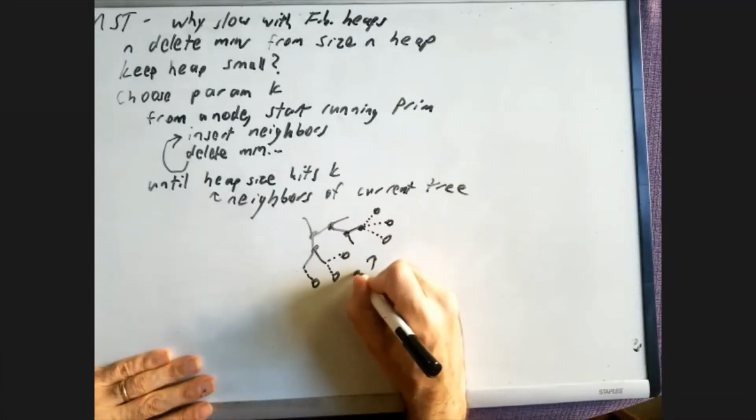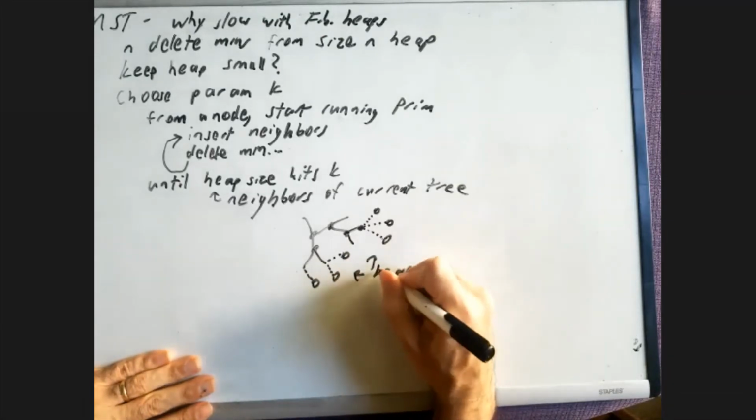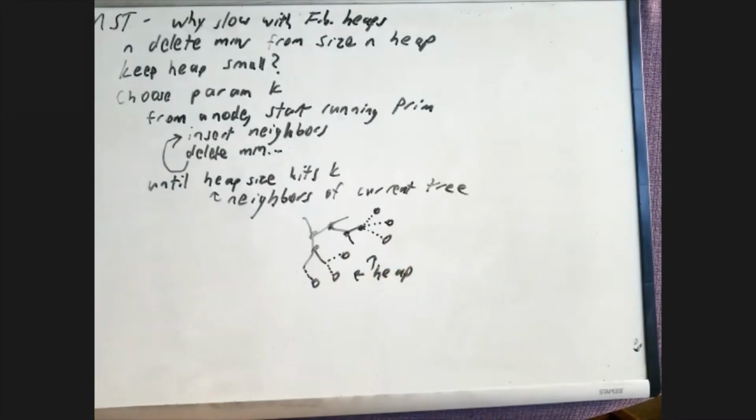So it stops when you reach k neighbors, essentially? So I stop when the tree that I'm building has k neighbors that are not yet in the tree, but that are candidates for joining the tree. Make sense? Yeah, thank you. Sure. Yeah, keep those questions coming.